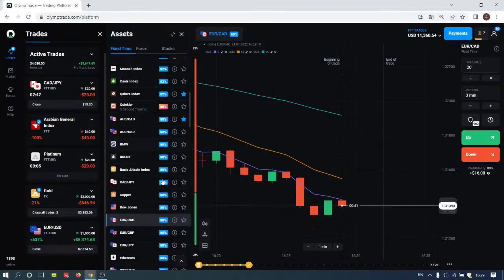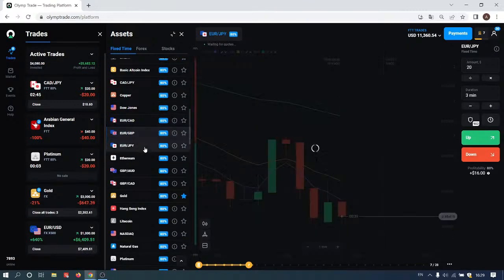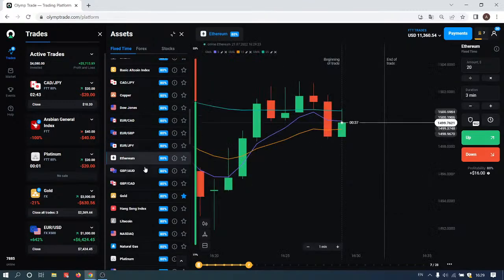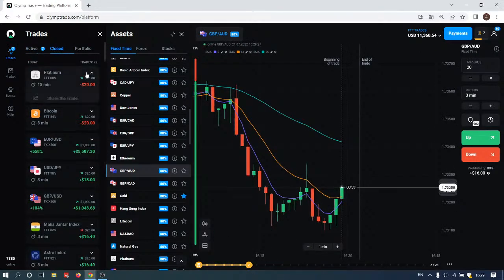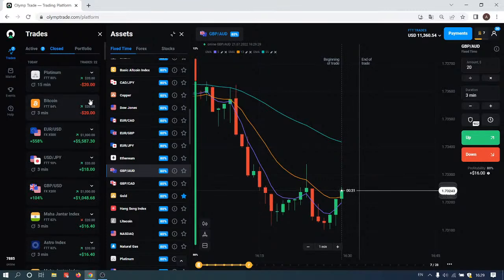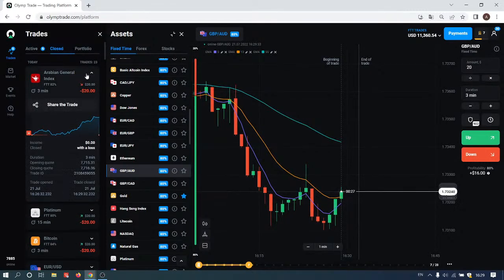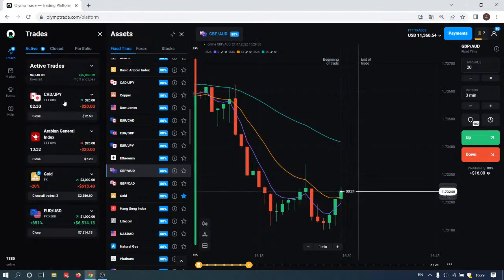Sometimes it's just this thing with different durations when you switch between different assets. So platinum closed with a loss, Bitcoin closed with a loss here, and the Arabian General Index, unfortunately.